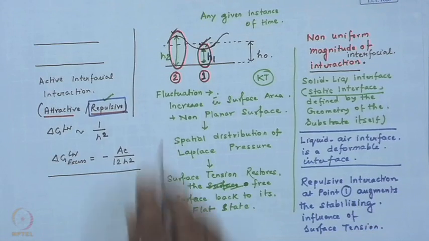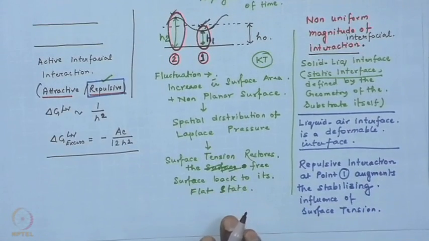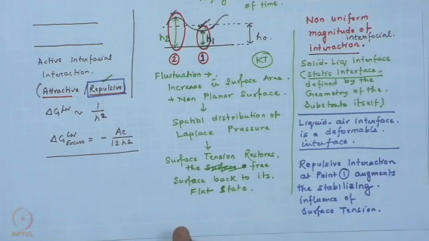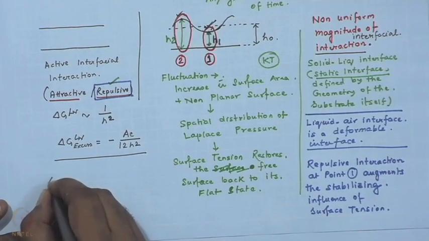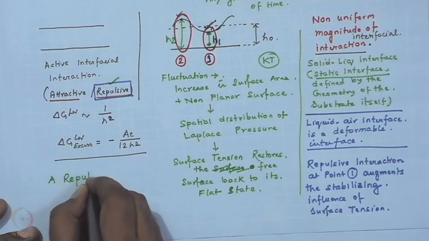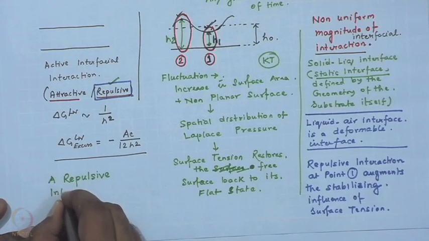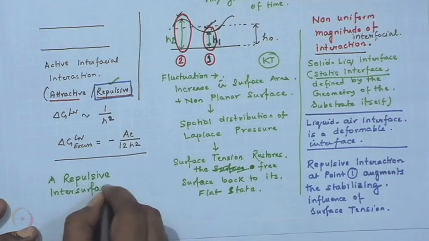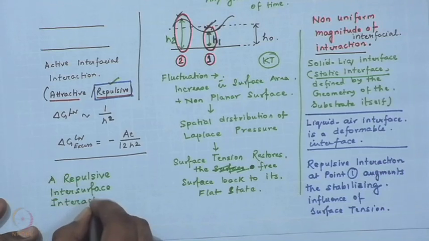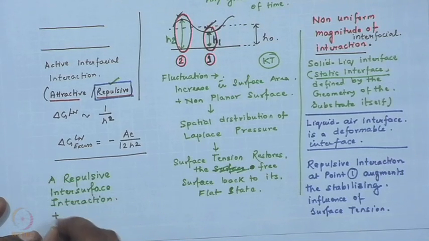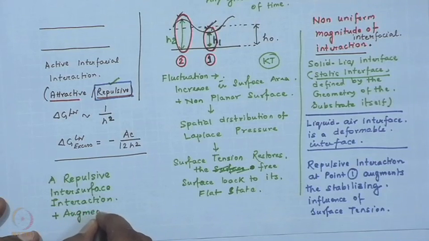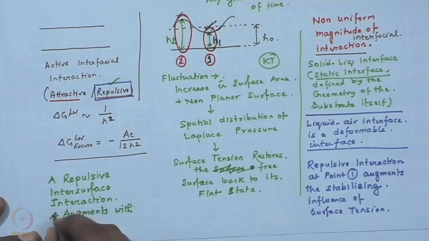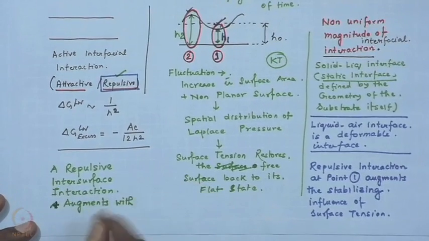So, what happens is that these undulations subside, but unlike in a macroscopic setting where the undulation subsided only because of the stabilizing effect of surface tension, here in addition to the stabilizing effect of surface tension, you also have a repulsive intersurface interaction, which sort of augments the surface tension effects.